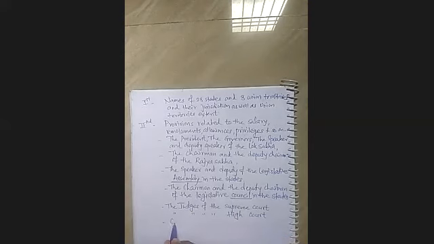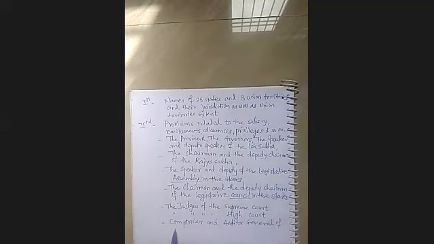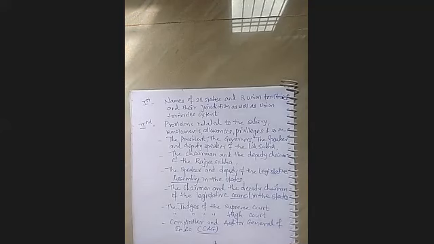Then I will write it in full form: Comptroller and Auditor General, Comptroller and Auditor General of India, that is CAG, right?